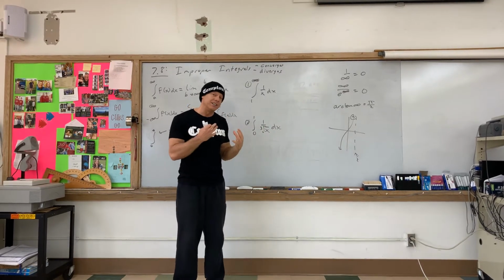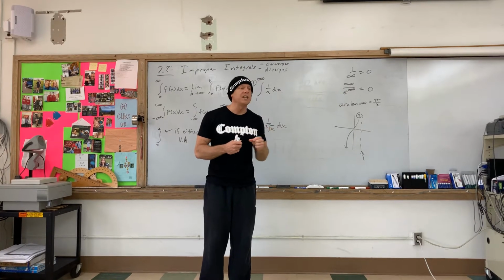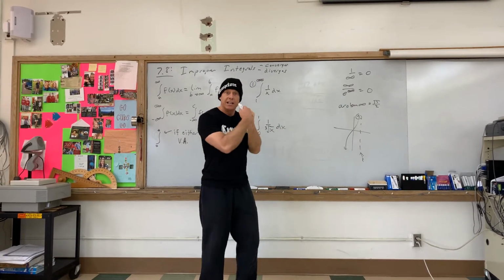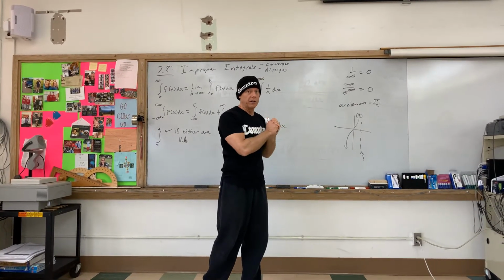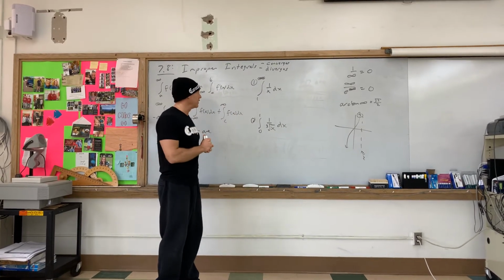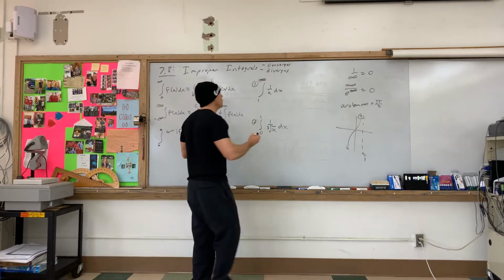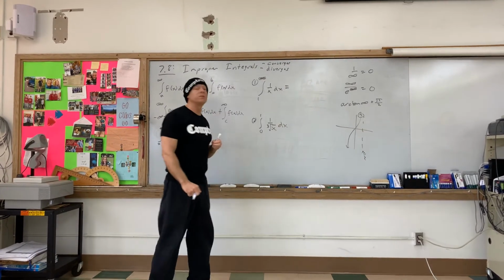But if it does turn out to be a number, that means that it's going to get so close to the axis that we can actually say we just don't need to worry about it. So that's the idea, and you're going to have to do each one in its entirety to figure it out. So how do I do improper integrals? Well, the way we do improper integrals is we're going to change them to limits.